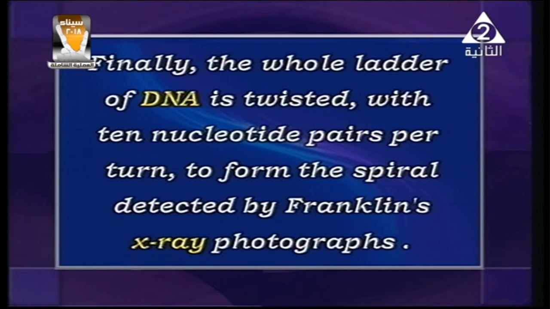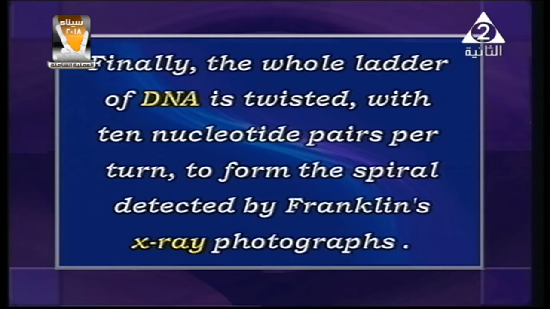As we said, ribose sugar, which is a 5-carbon sugar, a phosphate group, and finally one of the 4 nitrogenous bases: adenine, thymine, guanine, or cytosine. In each twist or turn, we count about 10 nucleotides, to form the spiral deduced from Franklin's X-ray photographs.